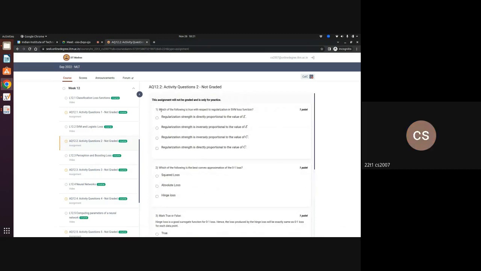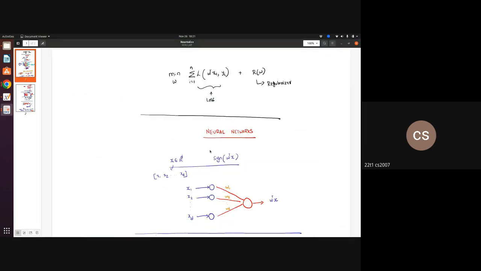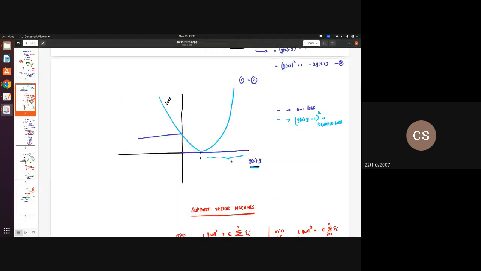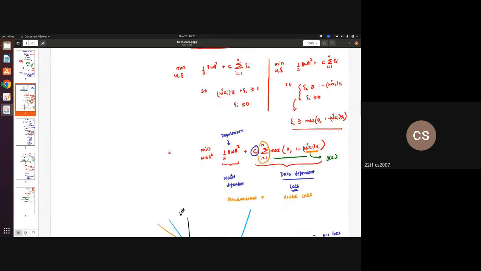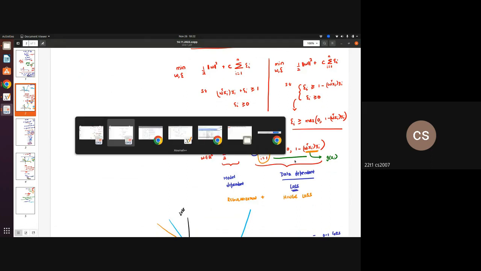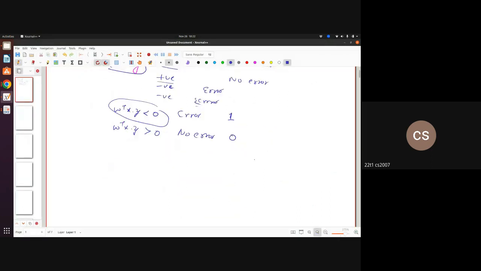Which of the following is true with respect to regularization in SVM? If you remember the loss function in SVM, it was like this, where this particular part is called hinge loss.